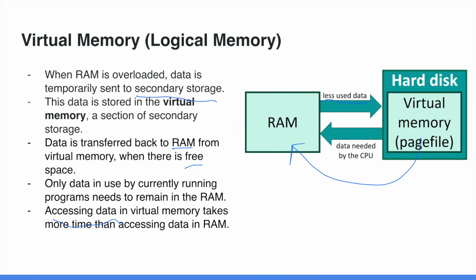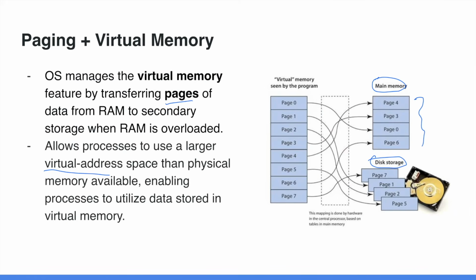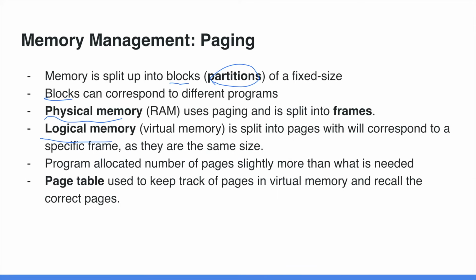The reality is that when we have data in our RAM, it's actually referred to as a frame. So these are still fixed blocks and they'll have the same size as pages in our logical memory, but when they're in the RAM, we call them frames. So technically we have pages in both the RAM and the virtual memory, and they're being transferred between each other, but they're just called frames when they're in the RAM.